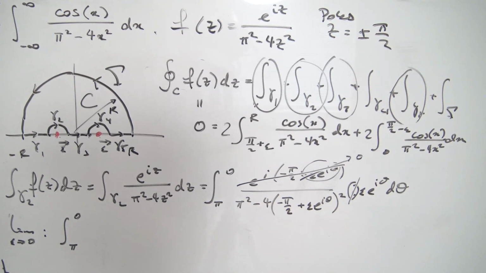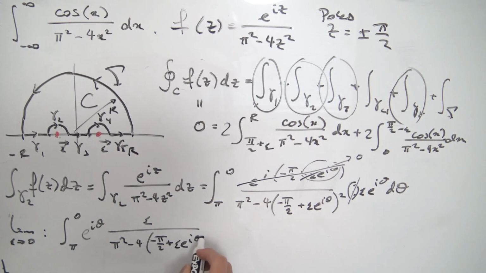And all we're really left with is e to the i theta, and then we have epsilon, all divided through by pi squared minus 4, minus pi on 2 plus epsilon e to the i theta, all squared, d theta, like so. And let's just focus on this part right here. Notice what will happen when our theta turns into 0.